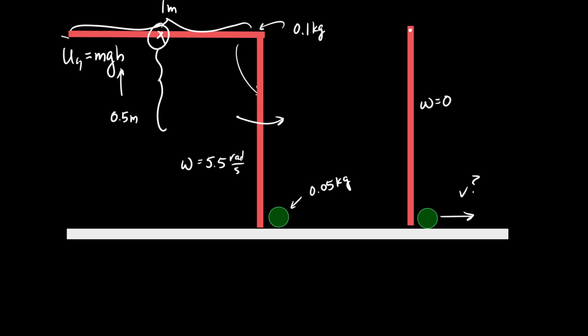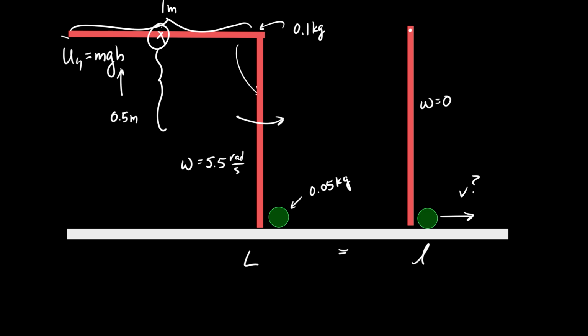In this problem, the meter stick has angular momentum, but I used a capital L for it because it's got a pivot point, it's rotating about its end. But after the collision, the ball just takes off in a straight line. But I'm going to say it has angular momentum relative to the pivot. Everybody follow along?